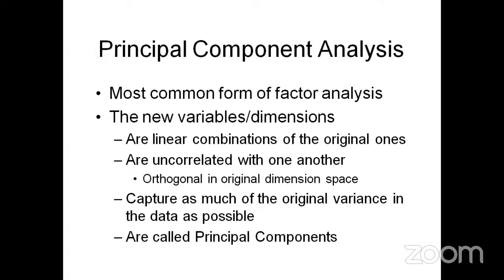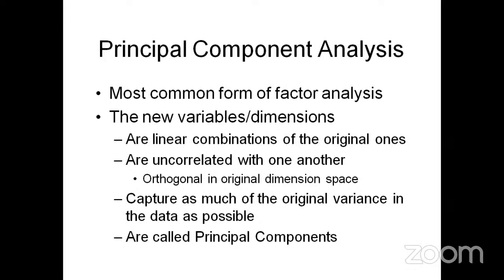So the most common form of factor analysis is principal component analysis. The new variables or dimensions are linear combinations of the original ones. The original ones will not be there, but we will be deriving some factors from the original ones, which may be correlated or uncorrelated, both ways.